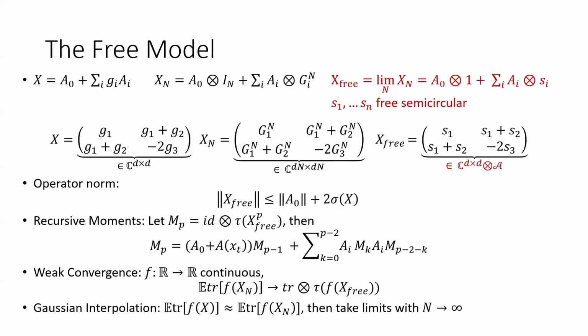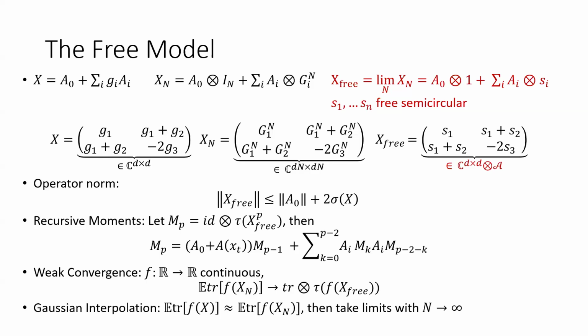Once you have all of this, we basically have to pick a suitable function, and we want to show that the expected trace of this function on X is close to the expected trace of this function on X_n. Here X is a Gaussian matrix and X_n is a lifted Gaussian matrix. We basically want to show that the spectral statistics of these two matrices are close to each other. And by taking limits in n, you can immediately compare the trace of X with the infinite dimensional thing.